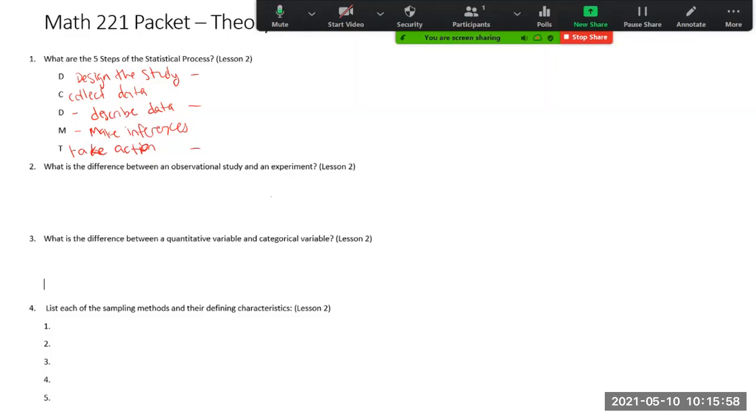All right, number 2, what is the difference between an observational study and an experiment? By definition, in the textbook, a designed experiment is one where researchers control the conditions of the study.